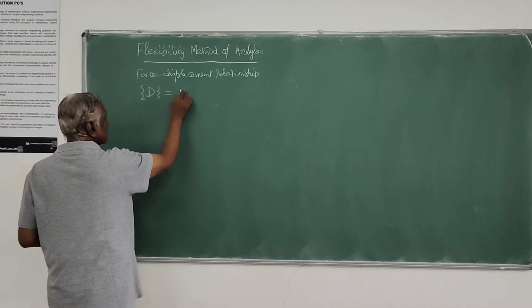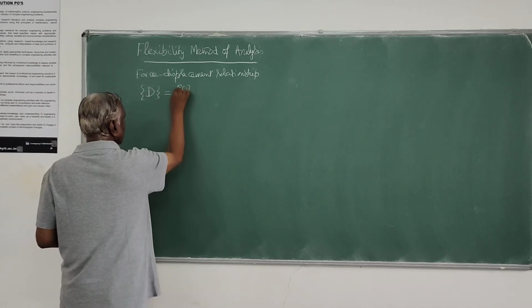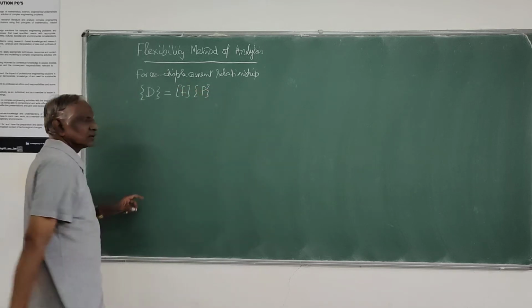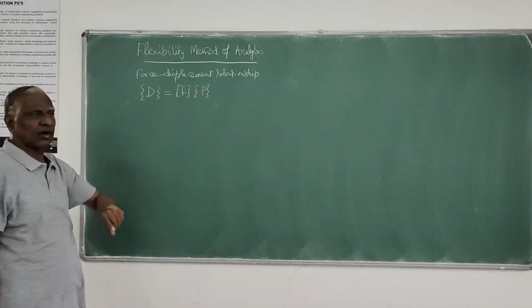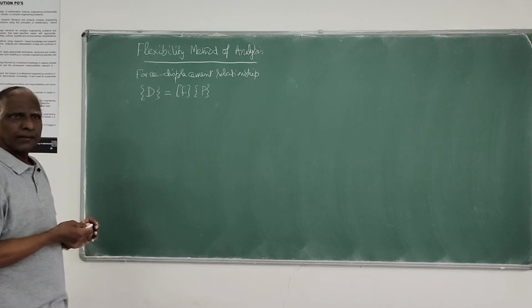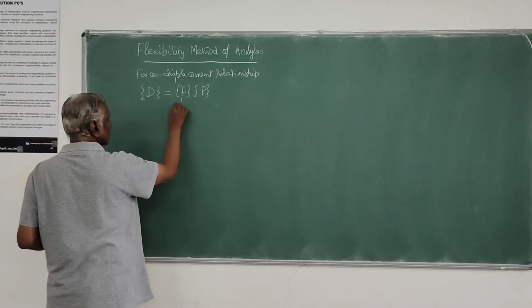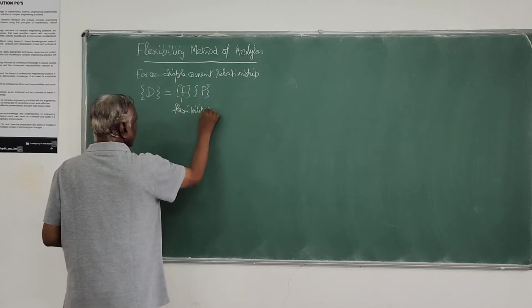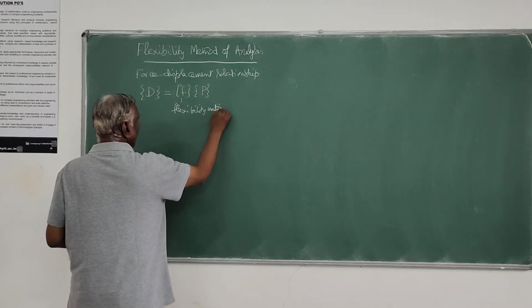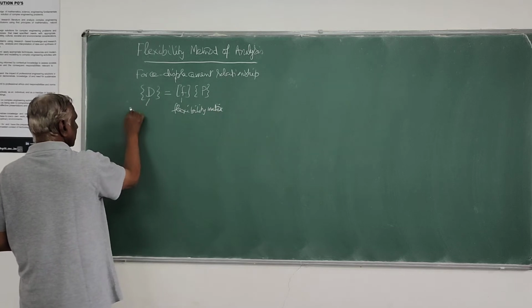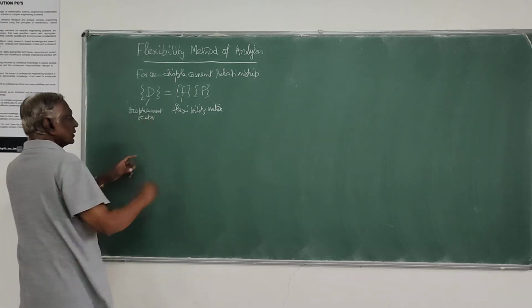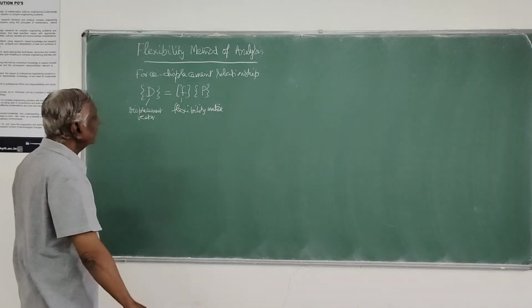Of course, it is expressed as D is equal to F into P, where this F is called the flexibility matrix. And this D is the displacement vector. And of course, this P is the force vector.